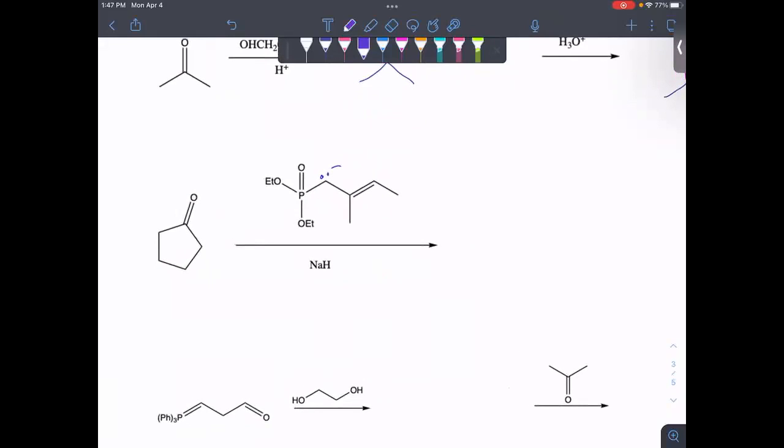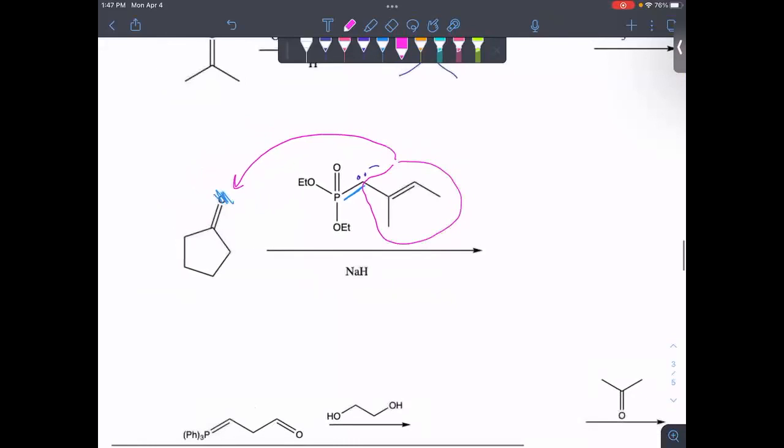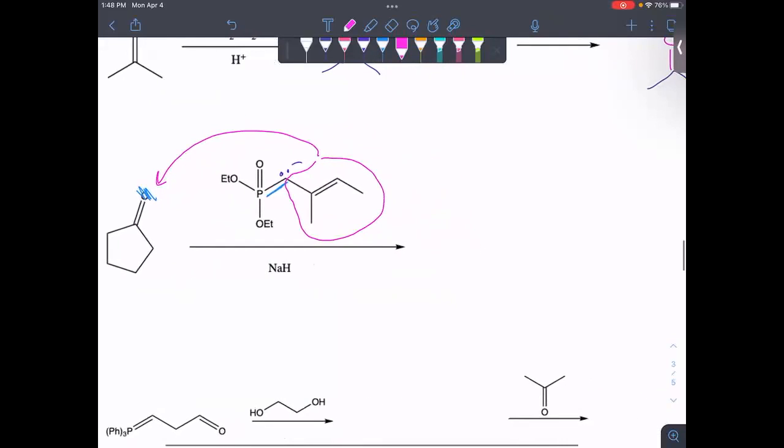So this is the exact same principle, cutting and pasting. All I do is draw a double bond between the phosphorus and carbon. And then I cut off the oxygen of the carbonyl. I take this R group and paste it where the oxygen was. So the final product of this, you get the pentagon and then the alkene is still there.